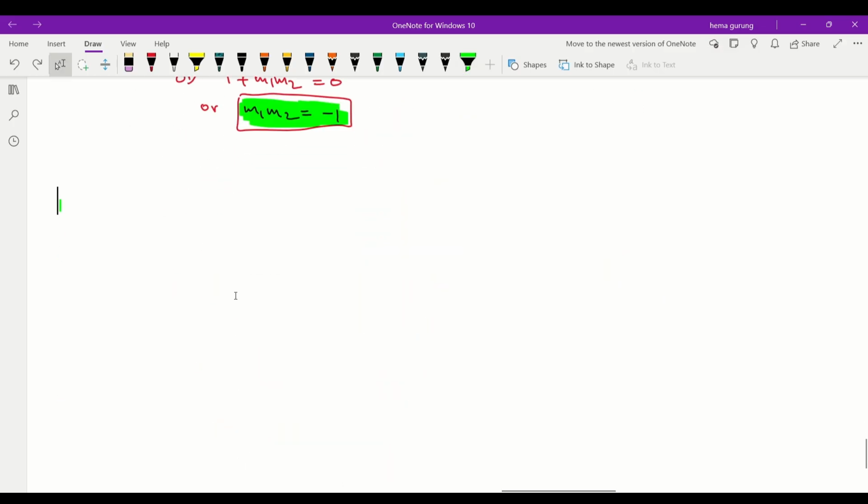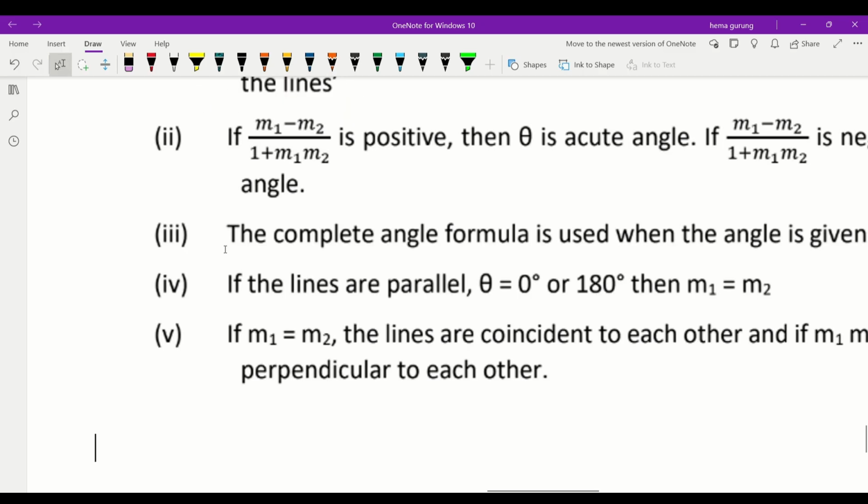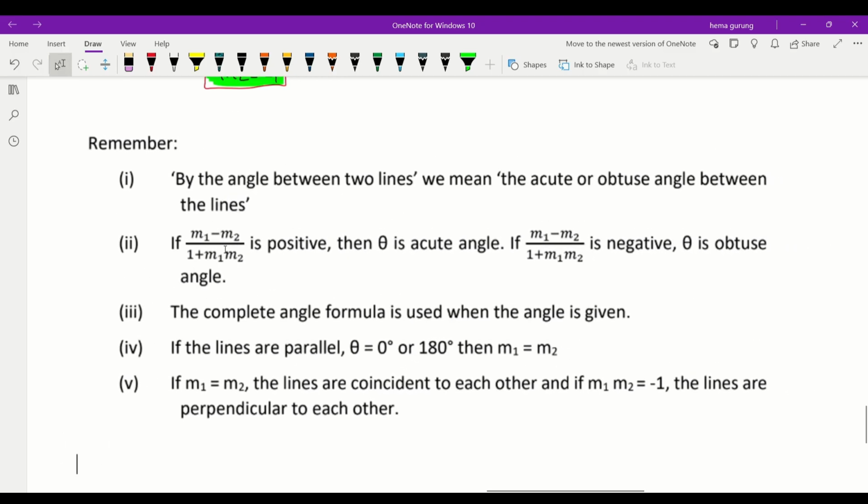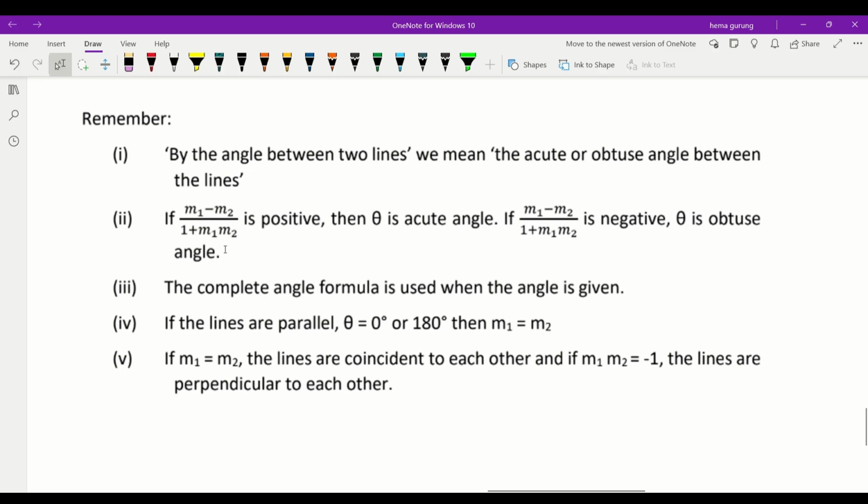Now let's conclude whatever we did. So here we have the things to remember. Number 1, by the angles between two lines, we mean acute or obtuse, two angles, right? The expression (m1 minus m2) divided by (1 plus m1 m2) is taken positive when theta is acute, negative when it's obtuse.